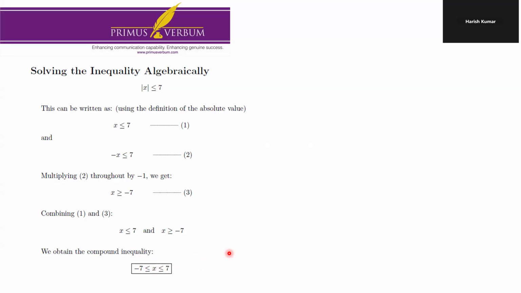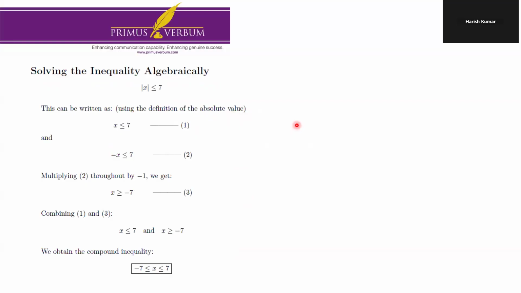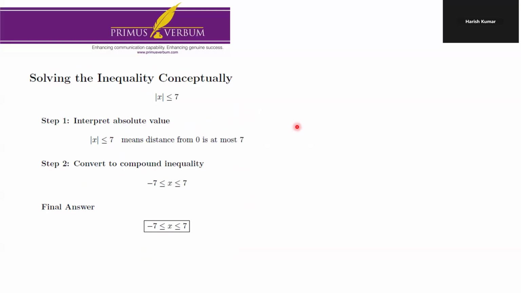Now let's solve the whole thing from the conceptual understanding point of view. Here we solved it using algebraic manipulation. Now we'll solve it through conceptual understanding. What does absolute value of x is less than or equal to 7 mean?